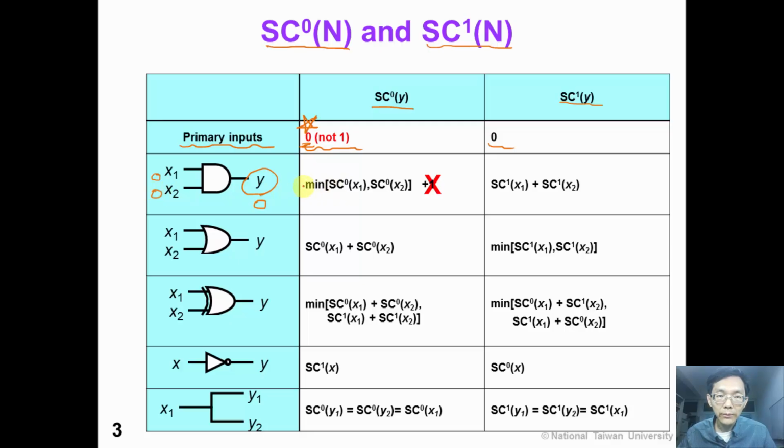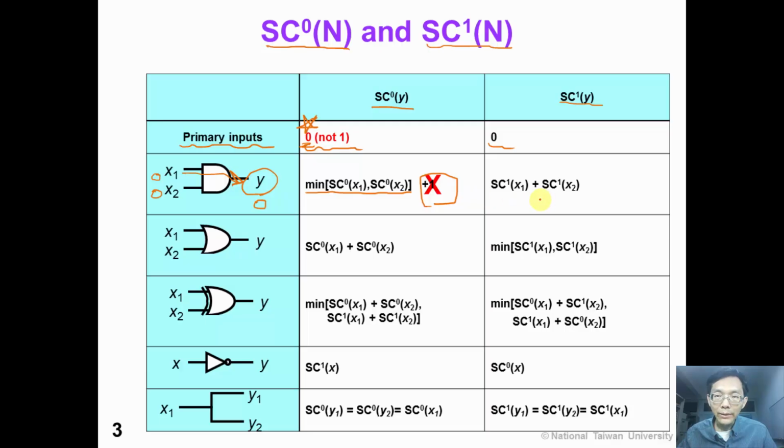So SC0 of Y is equal to the minimum of SC0 of X1 and SC0 of X2. Please note that we do not need to add a 1 at the end. This is because we do not need to pause any clock to control Y to 0. This is just combinational logic.